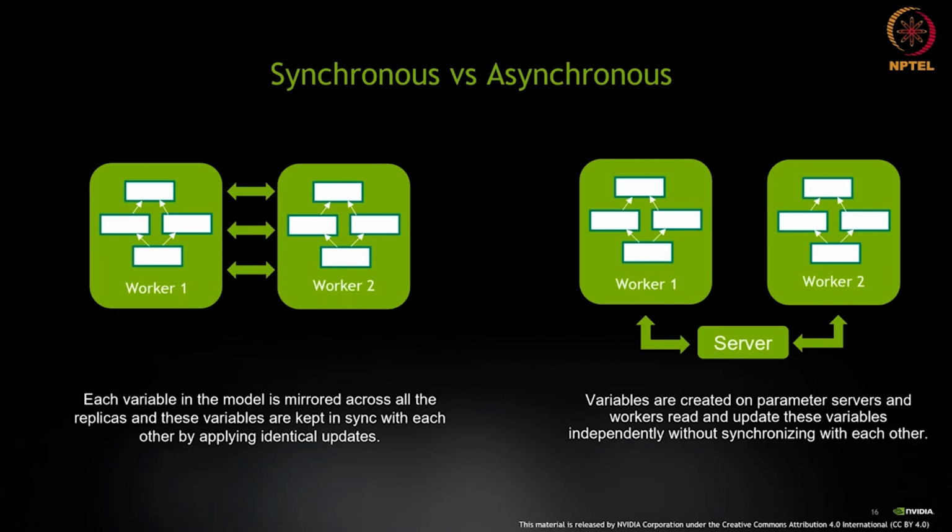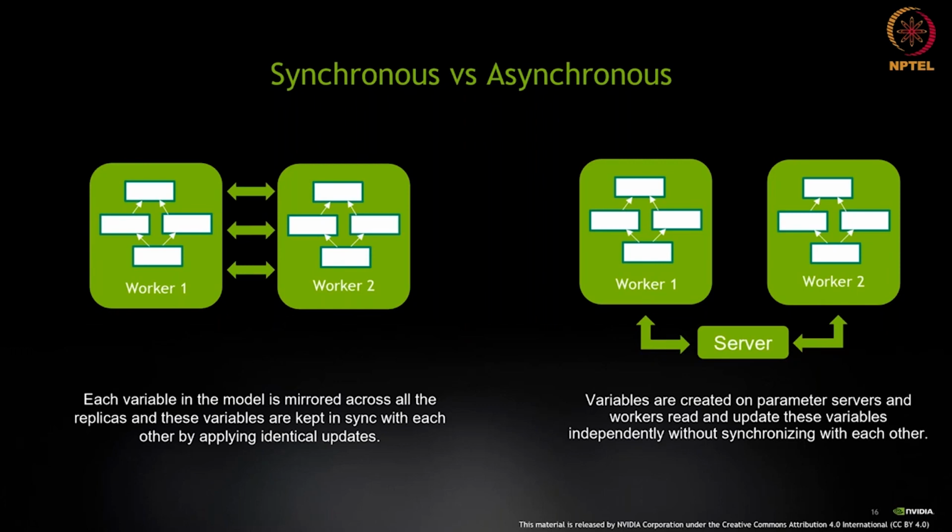While in the asynchronous data parallel approach, the workers obtain the variables from a parameter server. So you can see there is one more component which has got added, which is called a server. As the name suggests, the server is responsible for talking to and giving updates to all the different clients.